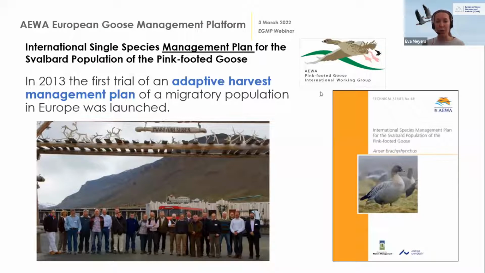What used to be the Pink-Footed Goose International Working Group has now merged with the EGMP and is pretty much the same people that are now part of the Pink-Footed Goose Task Force as well.